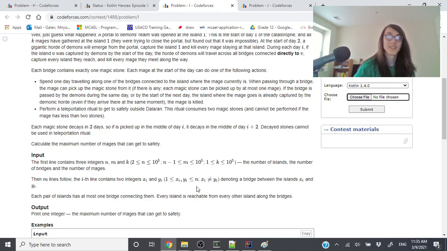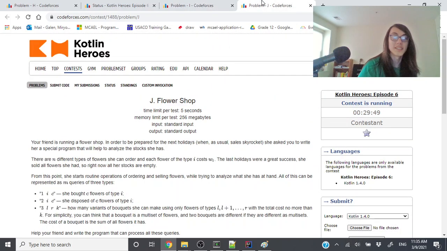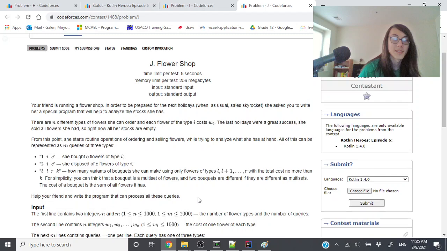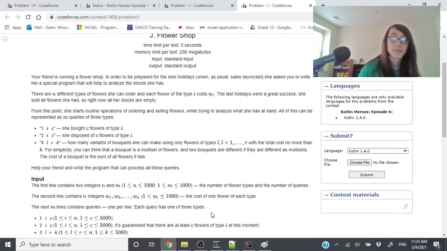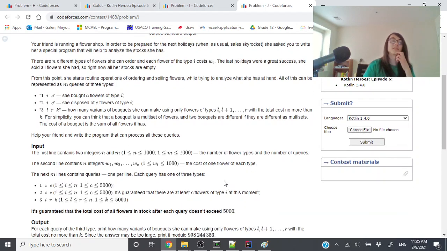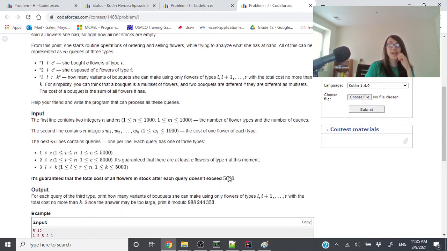Probably not. The people who have solved H have not solved this yet, so it's probably not doable. Boundaries. Wow, so we're supposed to solve this in O of n times something.